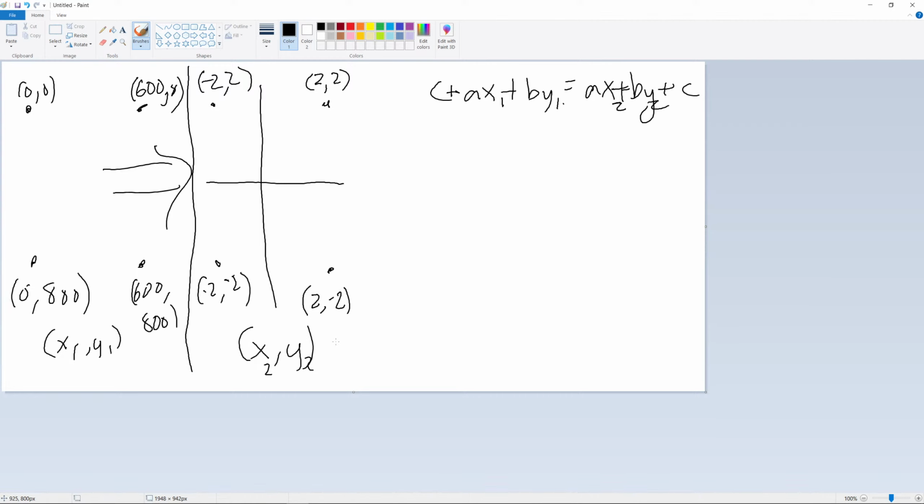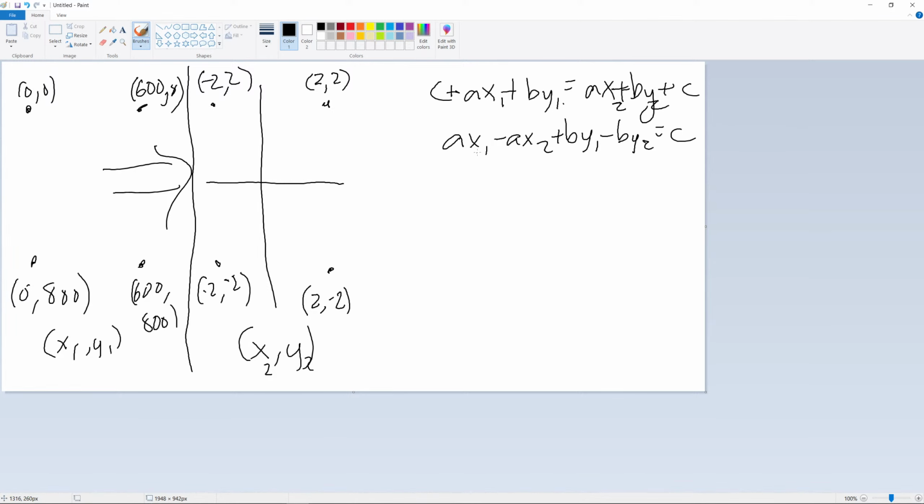Or maybe we can do it this way: A1 minus A2 plus BY1 plus BY2. So now let's plug everything in.